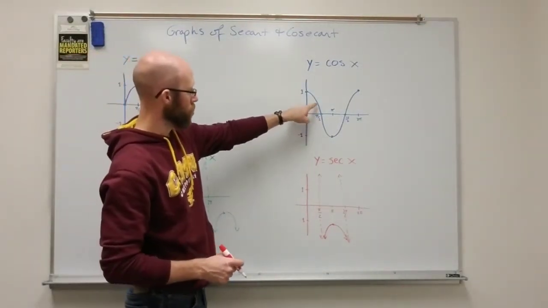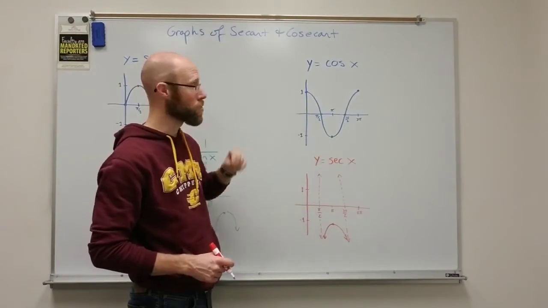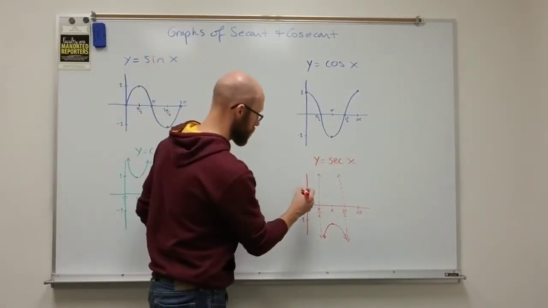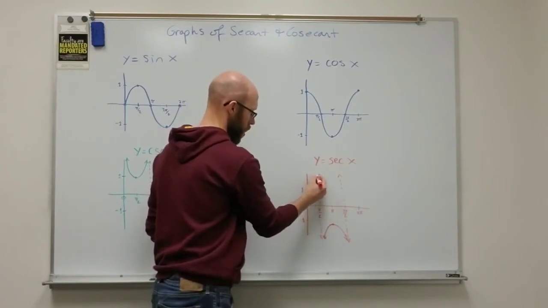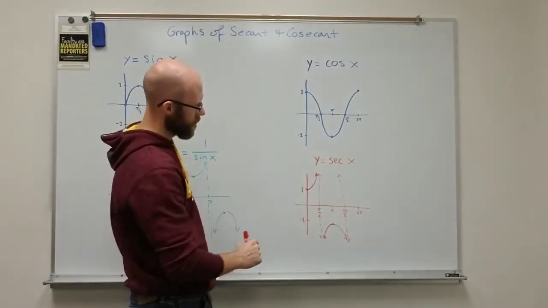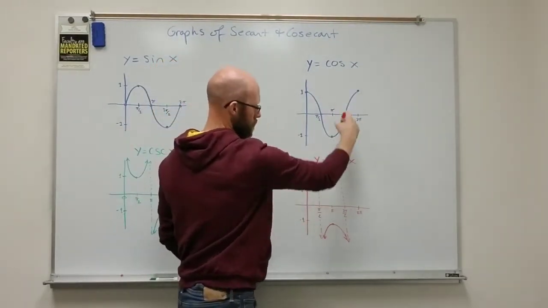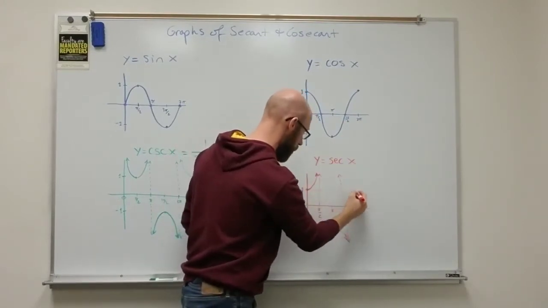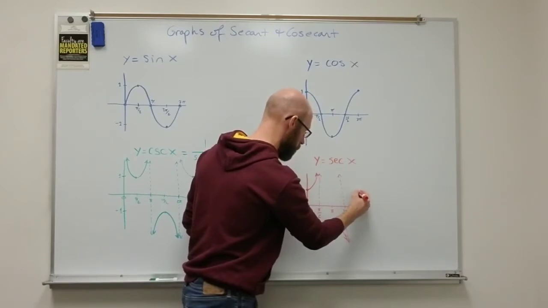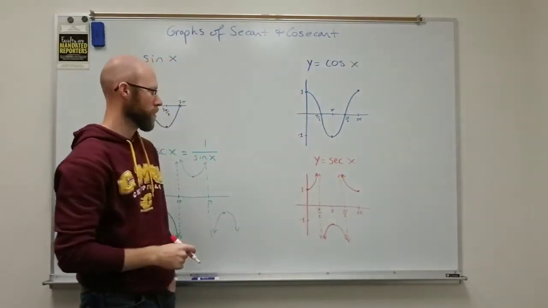Between 0 and pi over 2, you have positive values of the cosine. And so the secant, starting at 1, will go up to the right. And then on the right side here, you have the positive values again. So starting at 1, you go up and to the left, right?